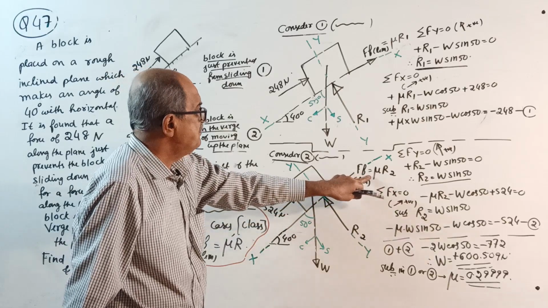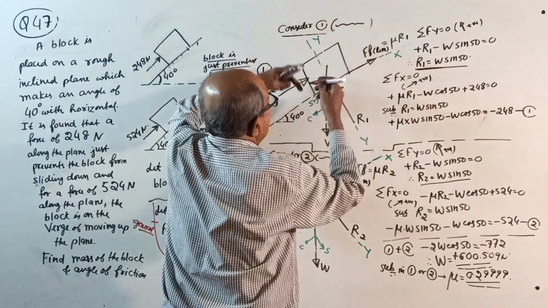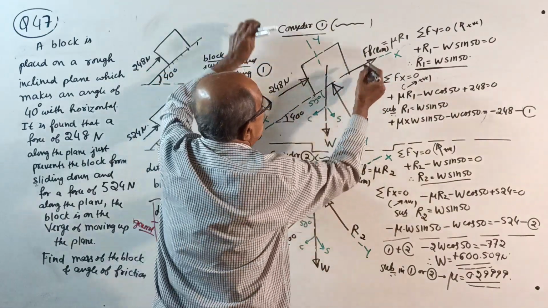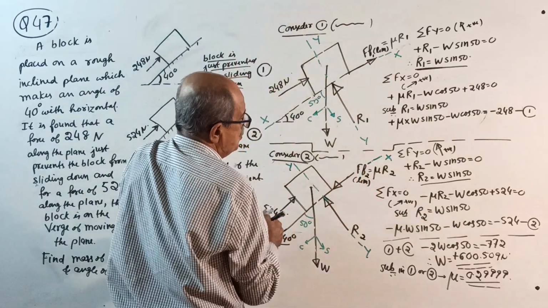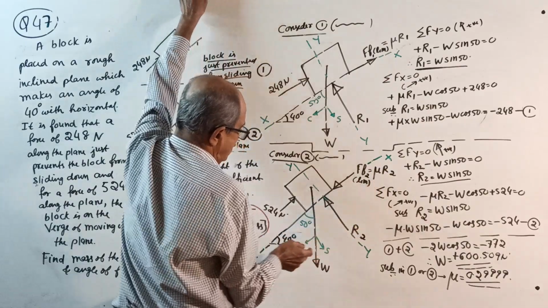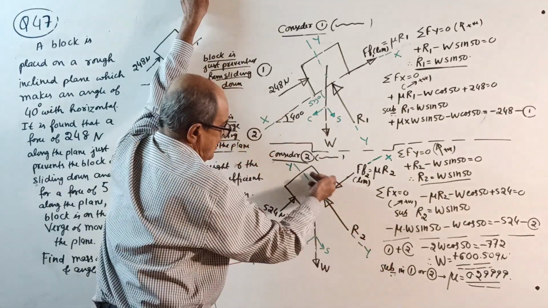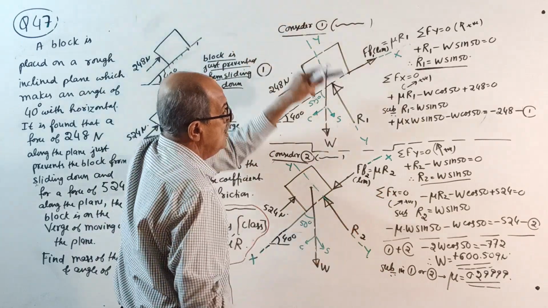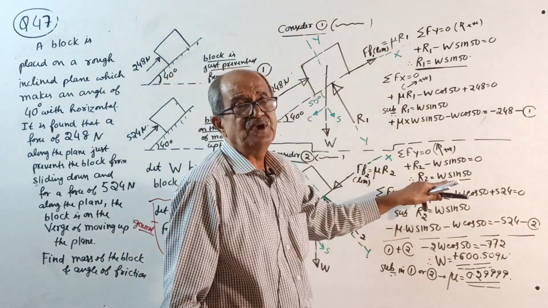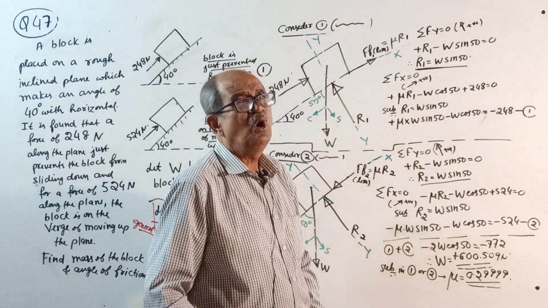And F_f limit for the second case equal to mu into R2. Okay, sigma Fy equal to 0: plus R2 minus W sin 50 equal to 0, your R2 also will come W sin 50. Somebody will tell, sir, you do not know the subject.